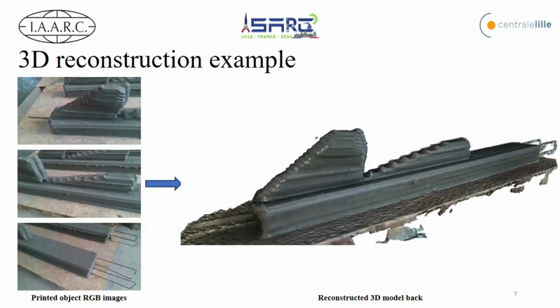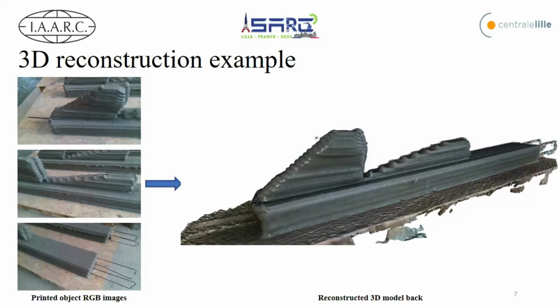So here I used 200 consecutive images with quite a big overlap between consecutive images. On the right side, we can see the 3D model of this special pillar.